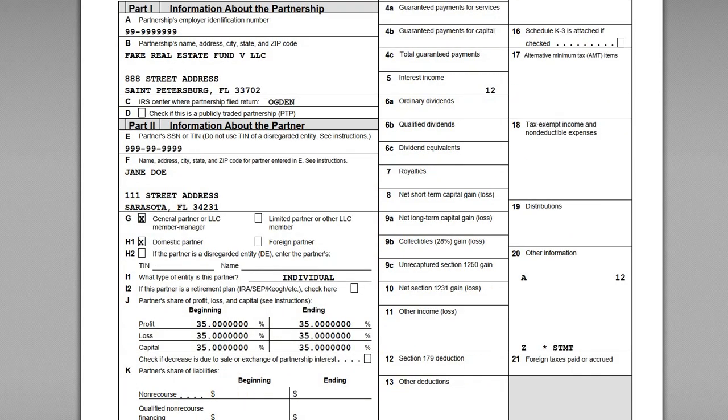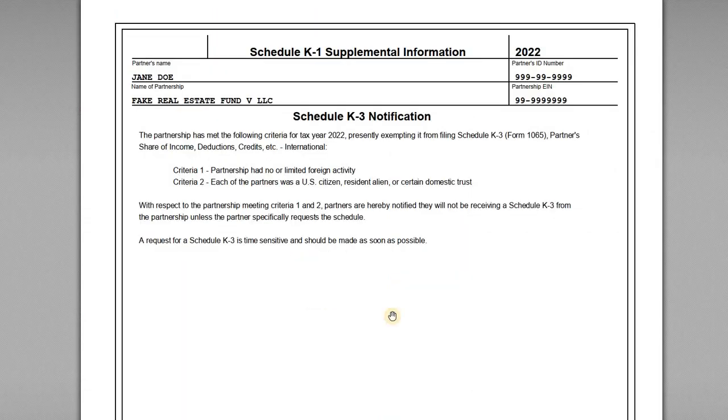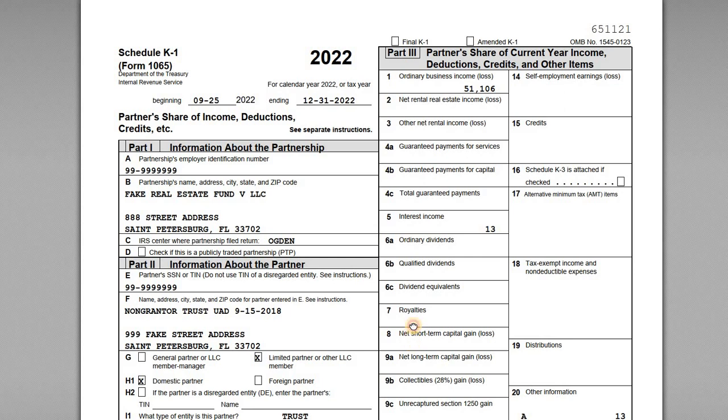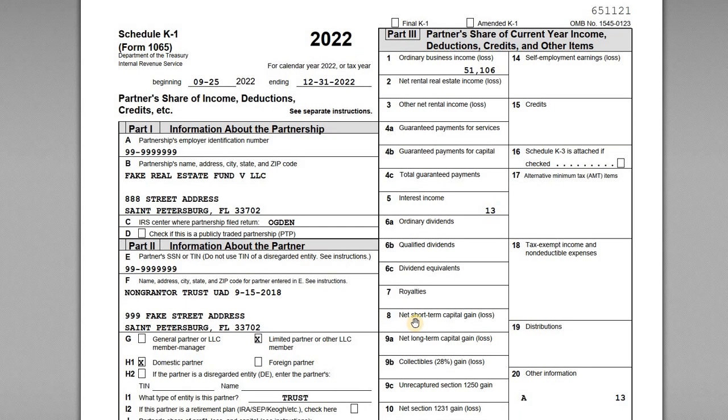Now, if we look at the trust, for example, the trust we are saying is not actively participating in the business. So because there's no material participation there, the ordinary income or loss, we're not reporting it as self-employed earnings.